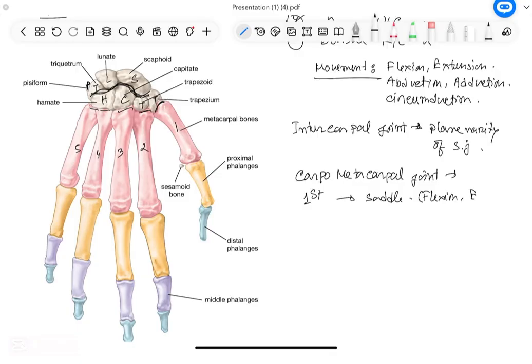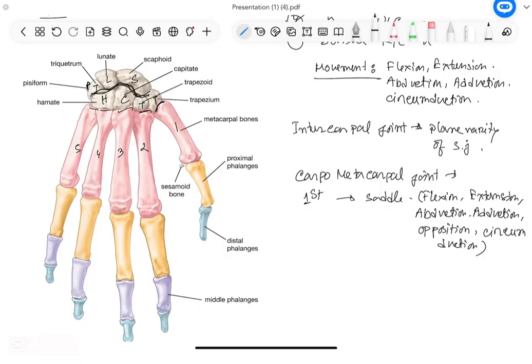I am writing here: flexion, extension, abduction, adduction, a very important movement that is opposition, and circumduction. These are the movements in the first carpometacarpal joint.